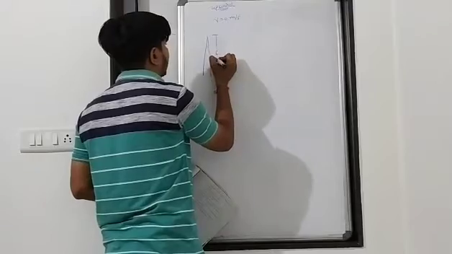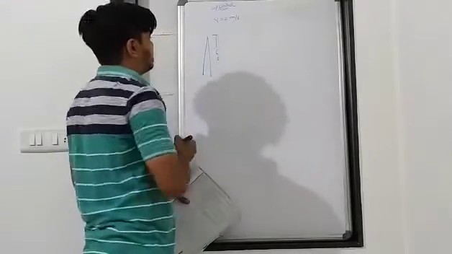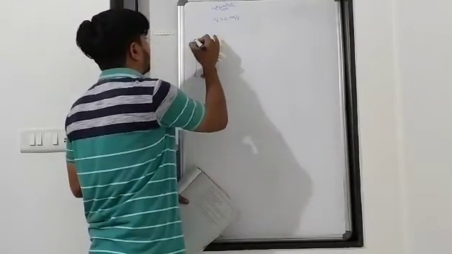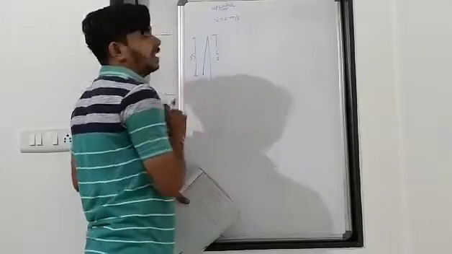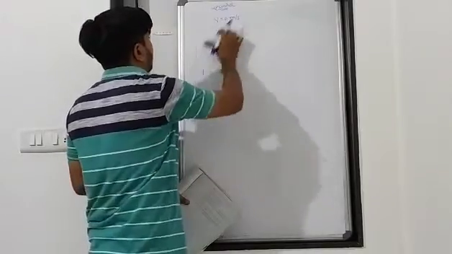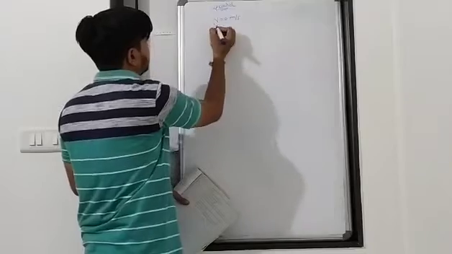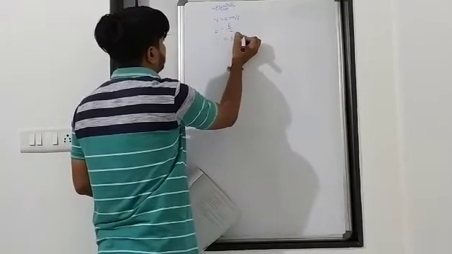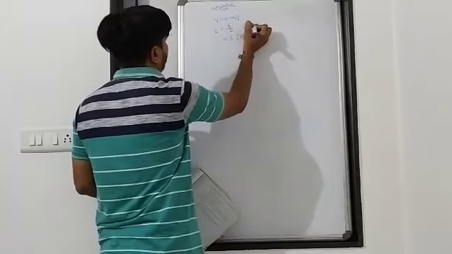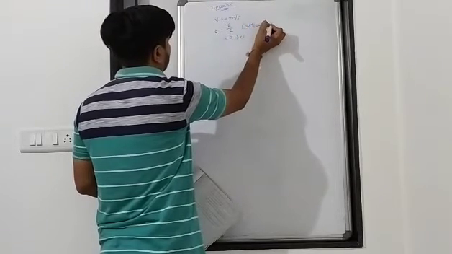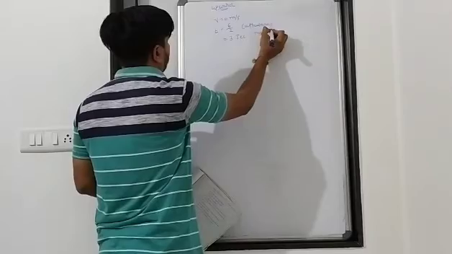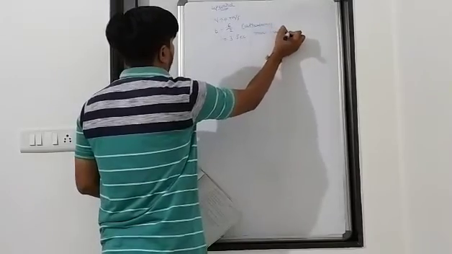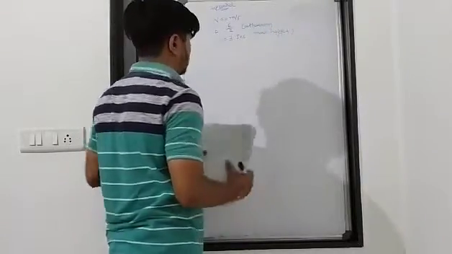The total time is 6 seconds. If the total time is 6, then the time for attaining the maximum height is 3 seconds. So the time for attaining the maximum height, t, is equal to 6 by 2, which gives you 3 seconds for attaining maximum height. That's the key point of this sum.